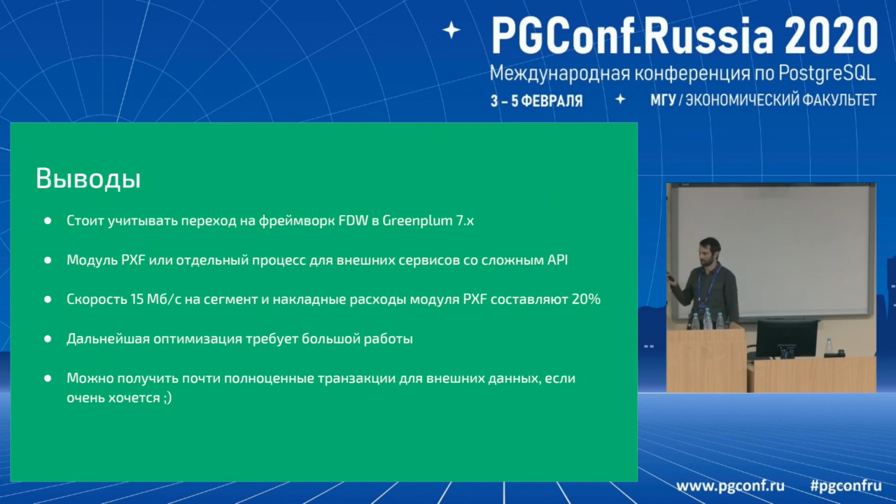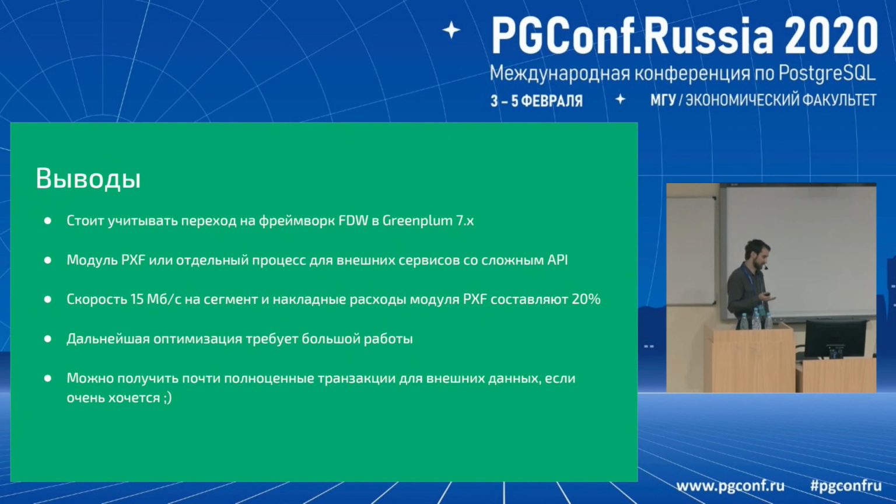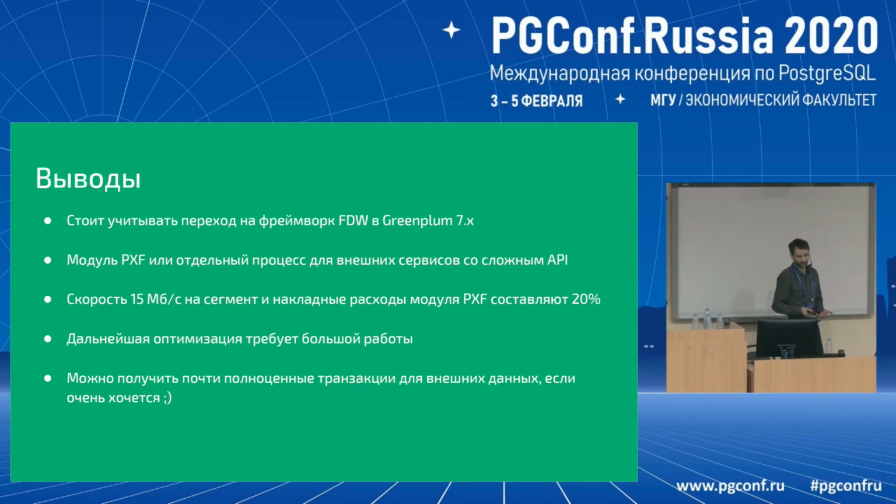So my presentation was short enough because I had only 20 minutes, and the conclusions are the following. If you write any extensions to work with external data, consider using FDW. It is easier because Postgres knows how to work with FDW.